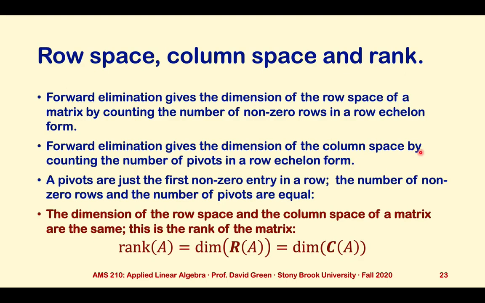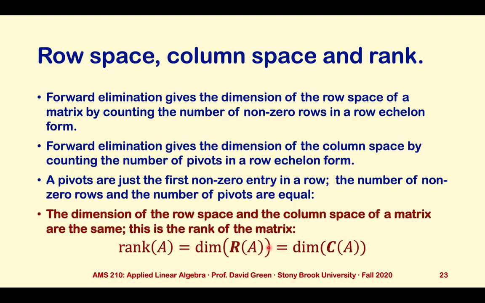This leads us to one of the central concepts in linear algebra. I cannot emphasize too much how important this idea is. The dimension of the row space and the column space of a matrix are the same: the number of pivots, the number of non-zero rows.